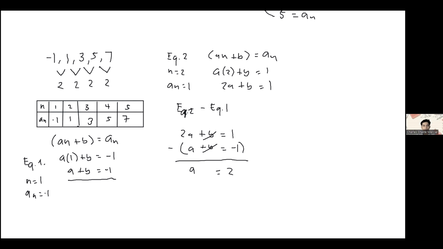Now hanapin naman natin yung value ng b using the formula in the equation 1. So we have equation 1, which is a plus b is equal to negative 1. Now, i-substitute lang natin. 2 plus b is equal to negative 1.